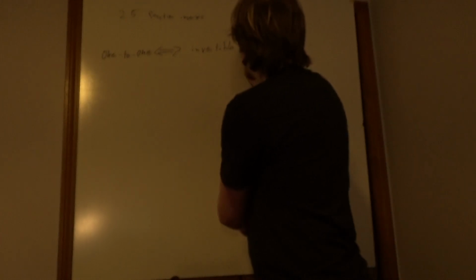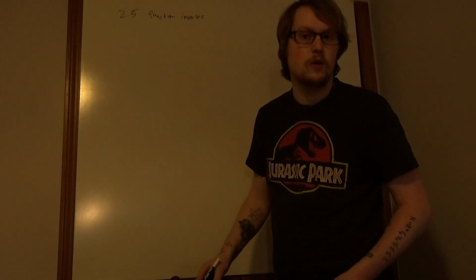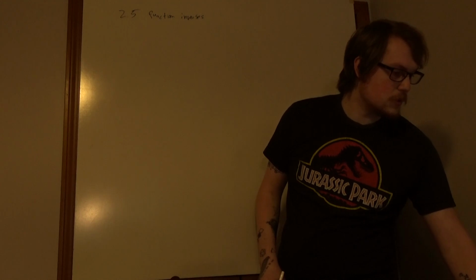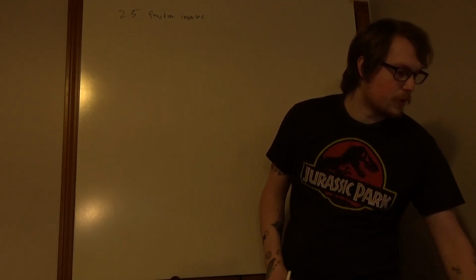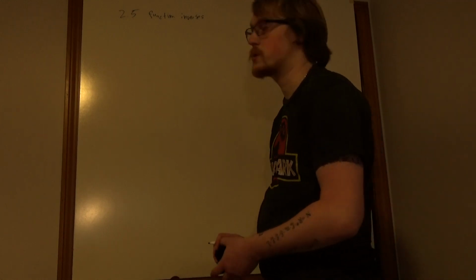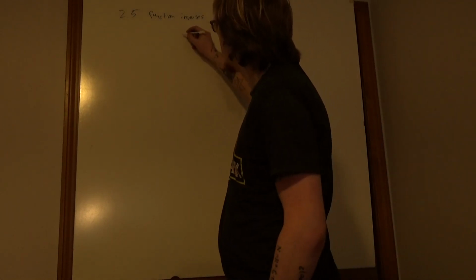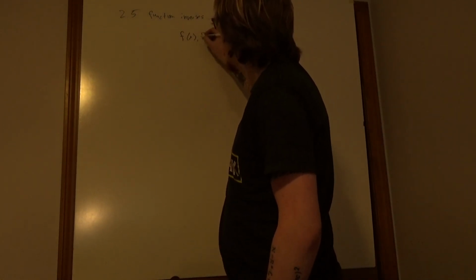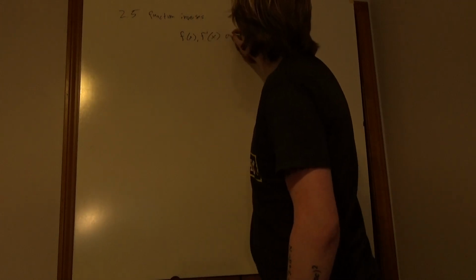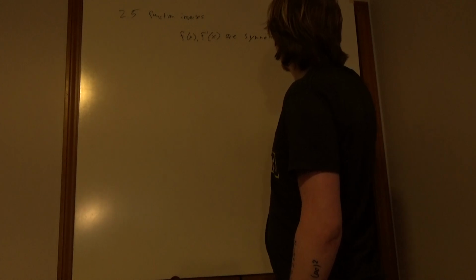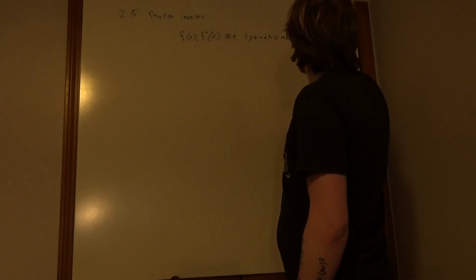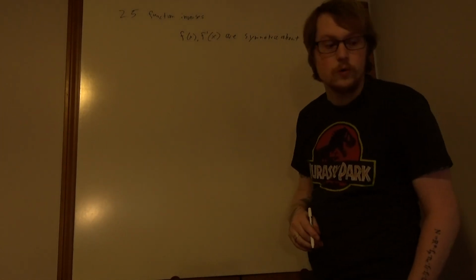The last thing I'm going to use in this lecture is just listing a couple of properties of inverses. So we already know that f of x and its inverse are symmetric about y equals x.